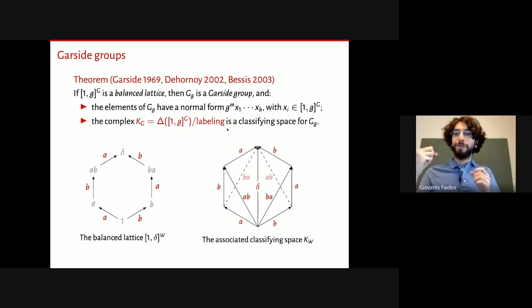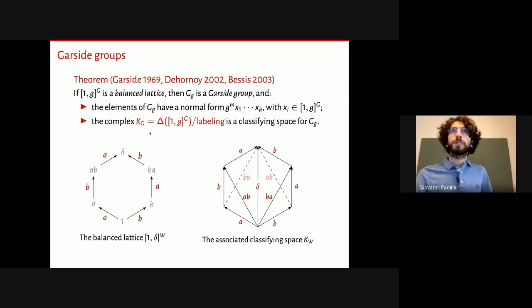Now, if you have a nice way to construct a classifying space for a group, and you have your configuration space that you want to prove to be a classifying space, you only then need to prove that these 2 spaces are homotopy equivalent, which is more or less the approach we are going to take, basically.